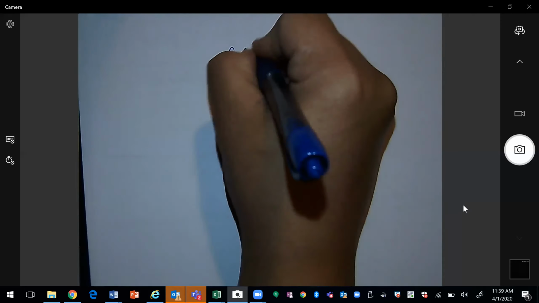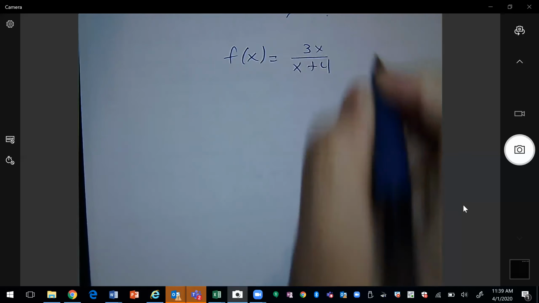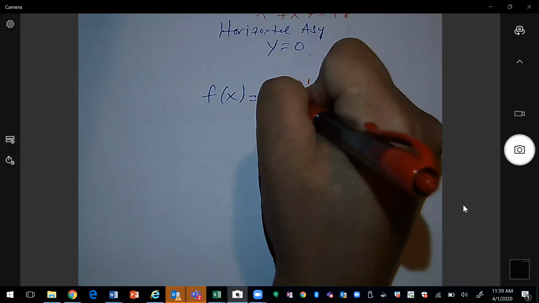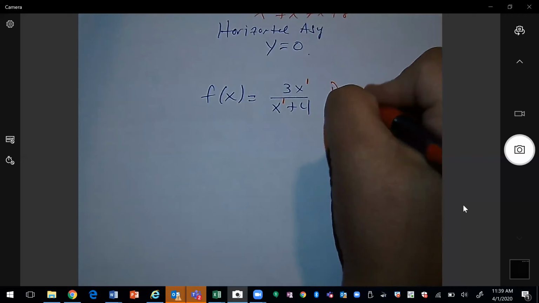So let me tell you what I mean by that. For example, if I had f of x equal to 3x divided by x plus 4, we check the degrees. This degree is a 1 and this degree is a 1. So the degree is the same.